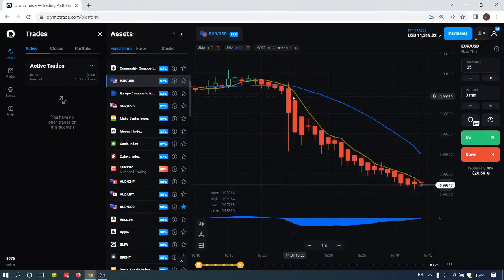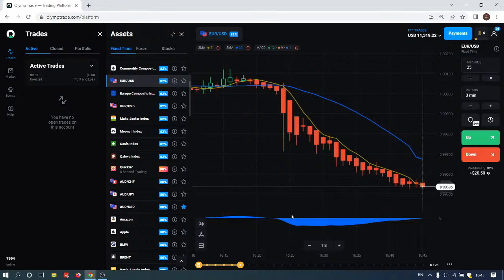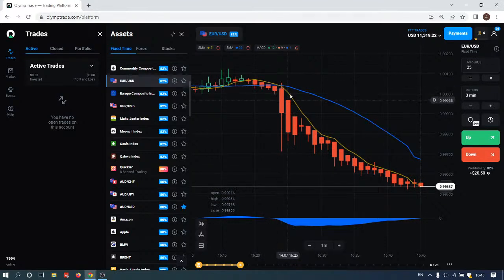If it's red, that's another layer of confirmation for a down trade. And last but not least is the MACD indicator. This MACD indicator will basically tell us whether to open a trade or not. So that's our final layer of confirmation. So once again, the crossing between the blue line and the yellow line, red color or green color of the Heikin-Ashi, and step 3 is you want to have a look at the MACD indicator and finally make a decision whether to open a trade or not.